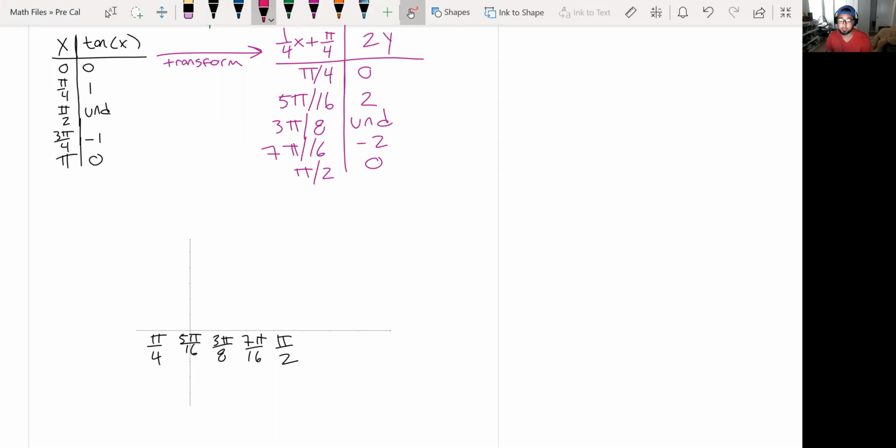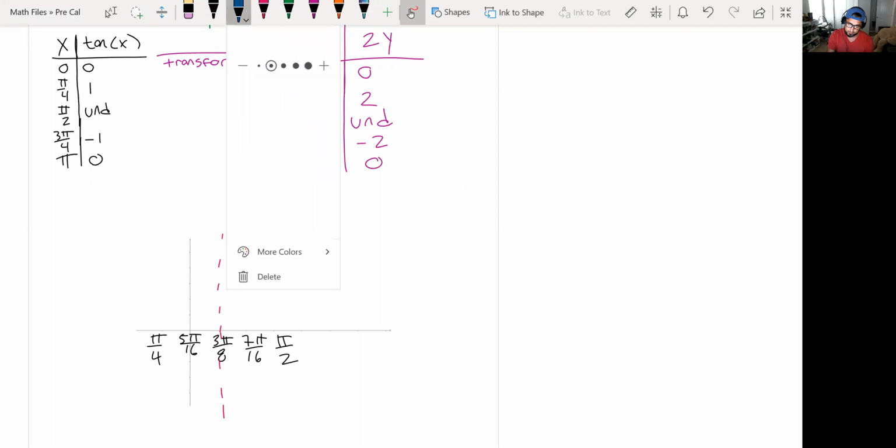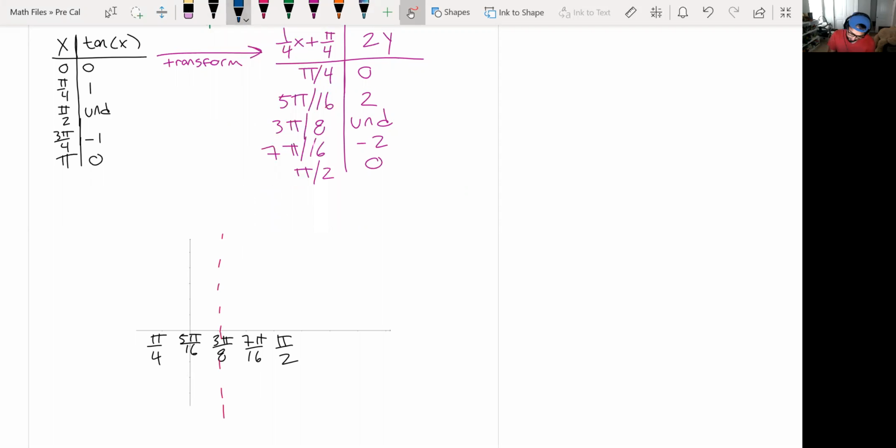I have a vertical asymptote at 3 pi over 8. And then my points, pi over 4 and 0. Well, the highest I go is 2 and negative 2. You know what those are. 5 pi over 16 and 2. 7 pi over 16 and negative 2. 0, and if I wanted another point, it'd be at 2 there. Okay, and this would also be a vertical asymptote. So here's what we have.